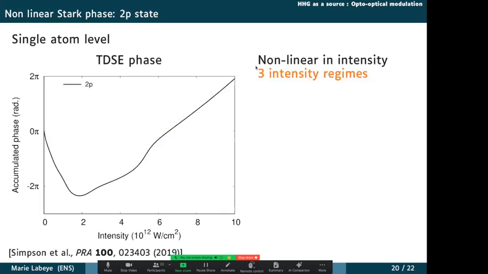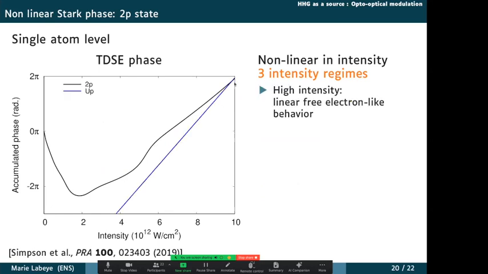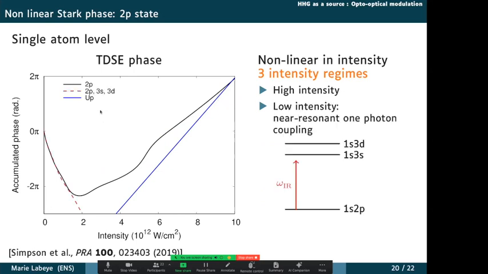And all the p states have very similar behavior, while the 2p state, the transition between 1s and 2p, does behave differently at low intensity and at high intensity. At high intensity, it's similar to the other p states, but at low intensity, the phase decreases with intensity, and that's because it comes from a near-resonant one-photon coupling between the 2p and the 3s and 3d states that are nearby.